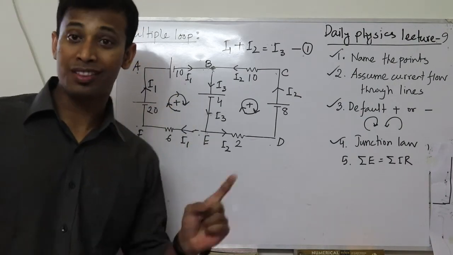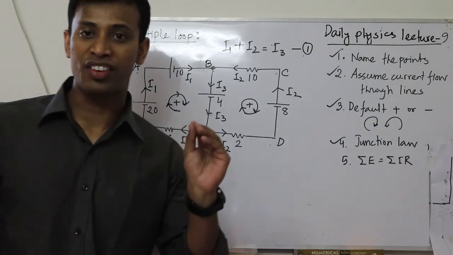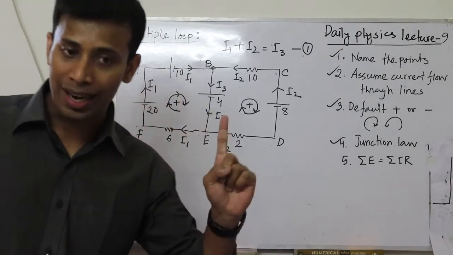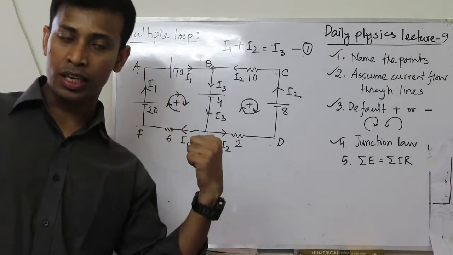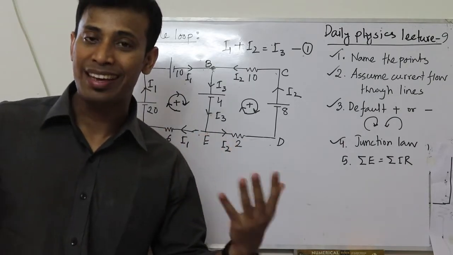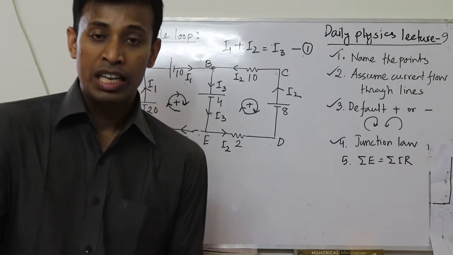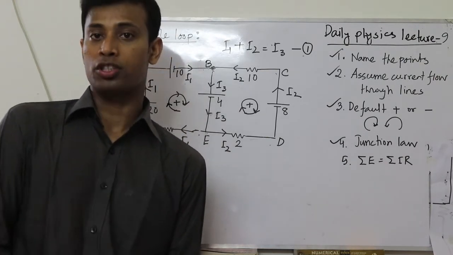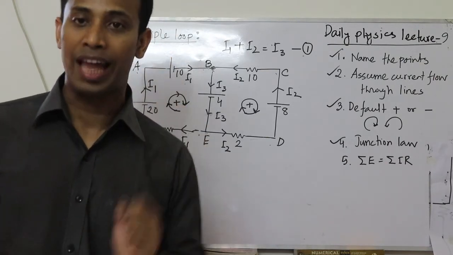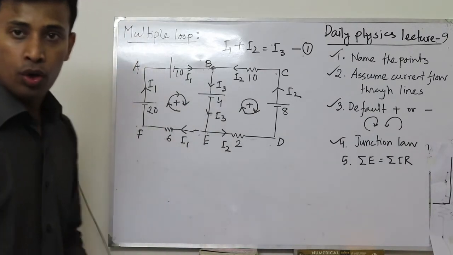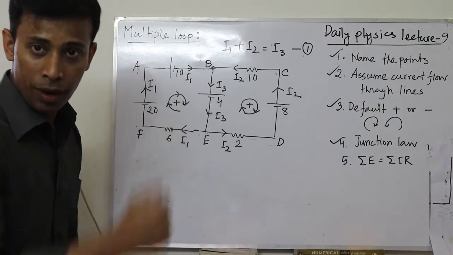So this is our line where we don't have any resistance. So we have got one line in our circuit which doesn't contain any resistance. If you can find such a line, then assume yourself lucky, because you have less to do. We have to use 2 loops from 3 loops, right?